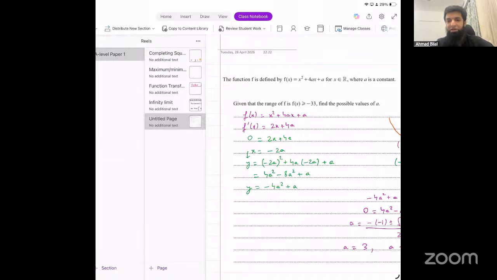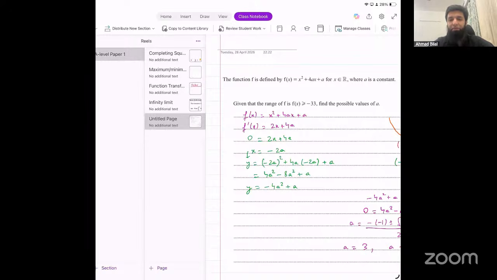And if you can check your working right after a question very quickly, just spend 8 to 10 seconds, it will be much more likely that you're able to spot any careless mistakes at that point rather than checking at the very end. So do try to do that after every question. Have a quick look at the answer, and check if it even makes sense in the context of the question.